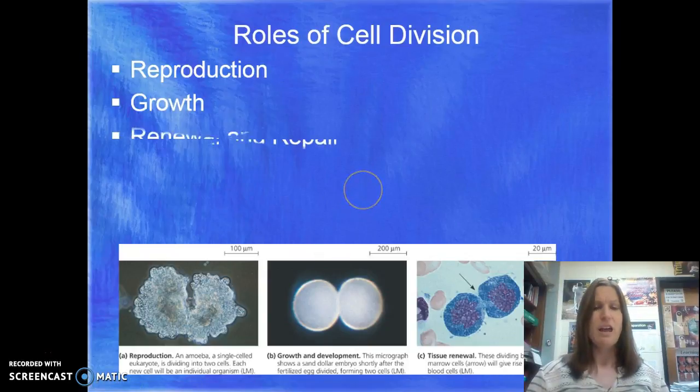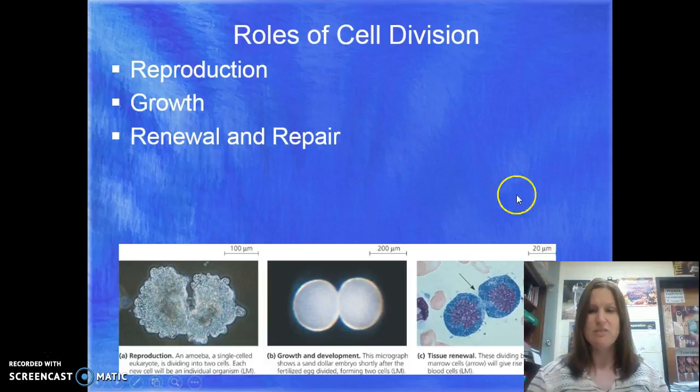And the last role is renewal and repair, and this is something that all living organisms go through until the day that they die. As you can see down here, we have some tissue renewal occurring in bone marrow cells to replace those cells that are old and broken down or worn out.